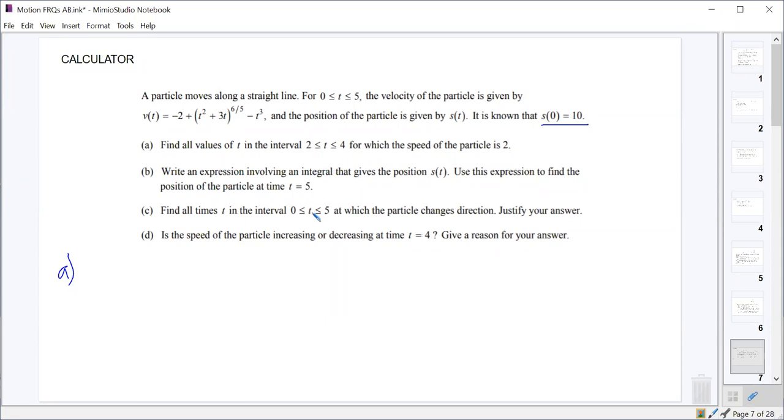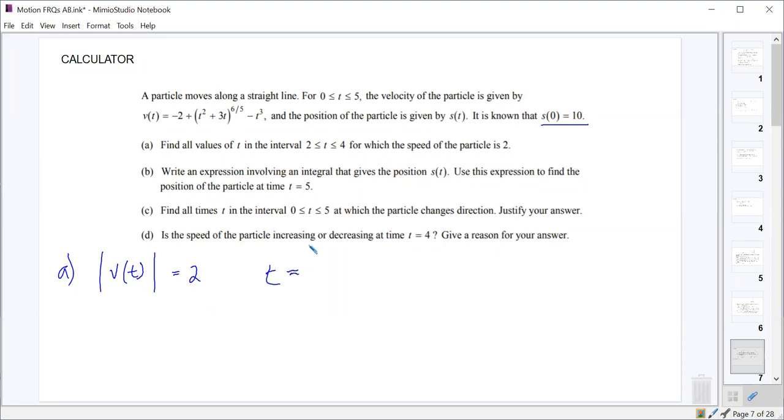It's important that we remember what speed means in terms of the velocity. Speed is the absolute value of the velocity. So we want to know, when does the absolute value of the velocity equal 2? You'll just graph both of these and use the calculate intersect function on your graphing calculator.